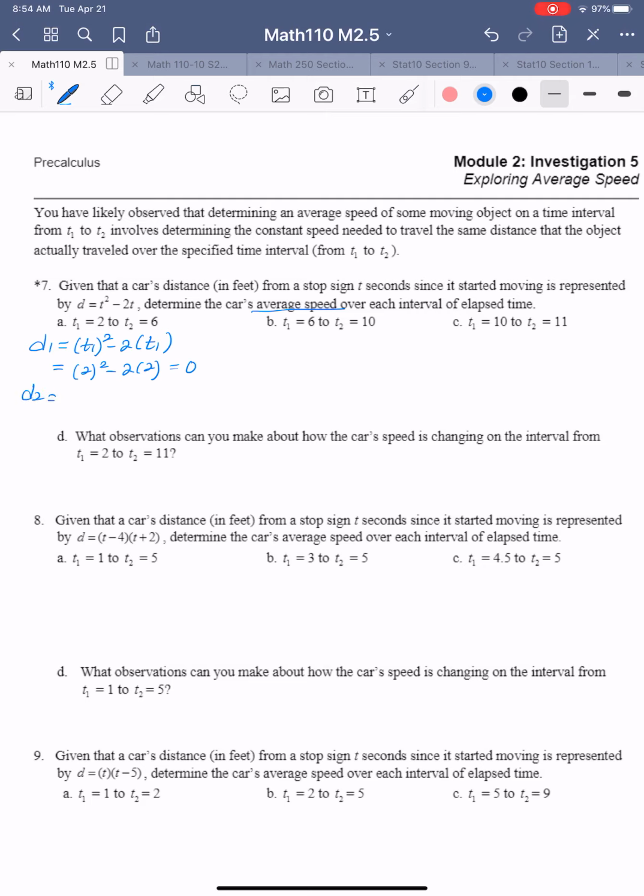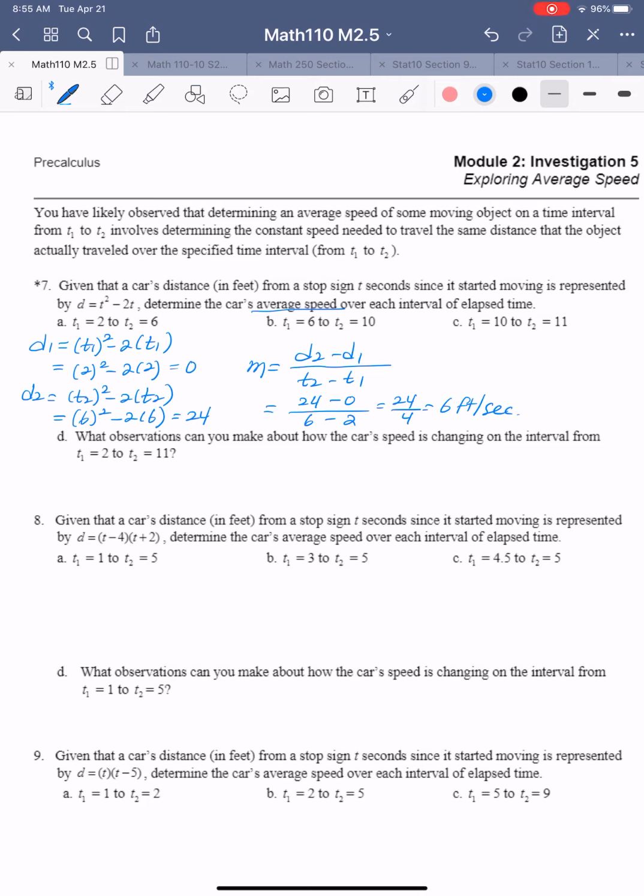And then d2, plugging in t2, which is 6, is 6 squared minus 2 times 6, which becomes 24. So in order to find the slope, you're going to do d2 minus d1 over t2 minus t1. So it's 24 minus 0 over 6 minus 2, which is 24 over 4. So it's going to be 6 feet per second. So in b and c, of course, you can plug in to do that.